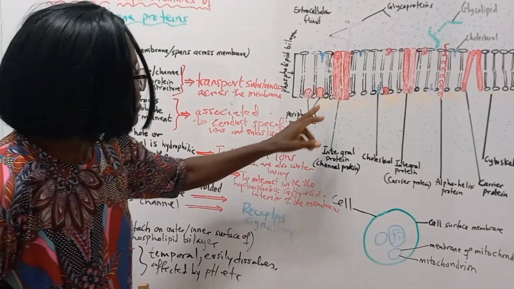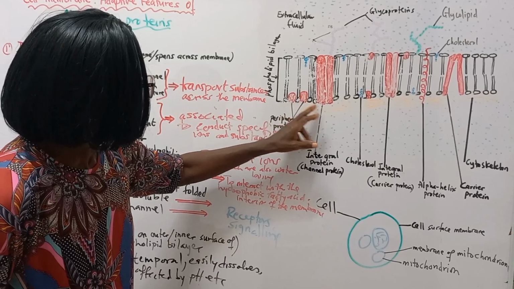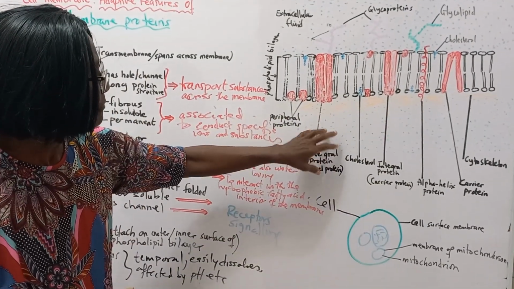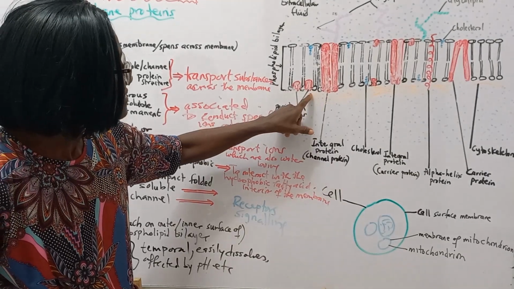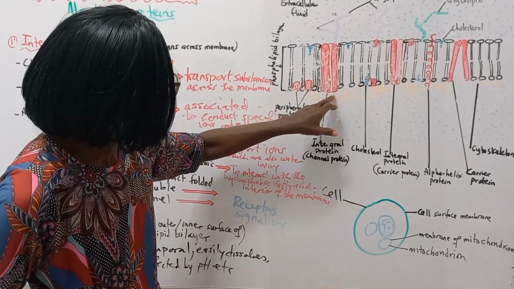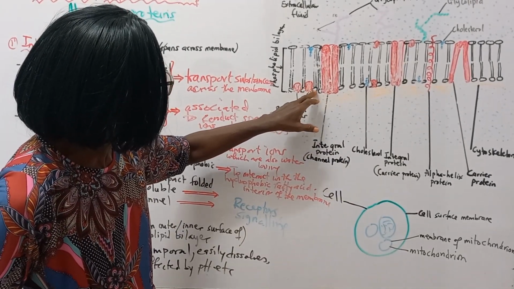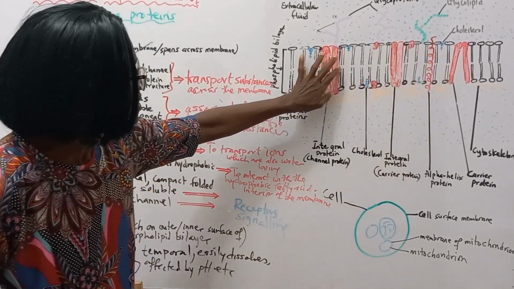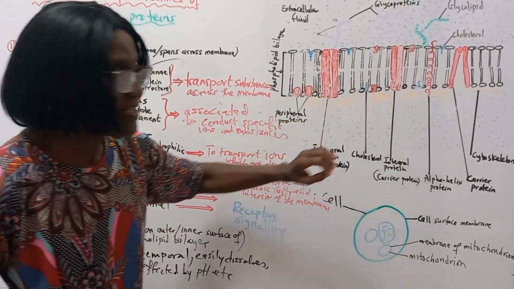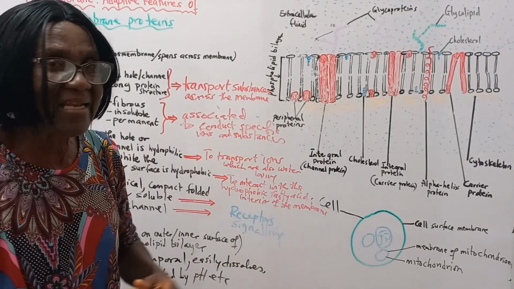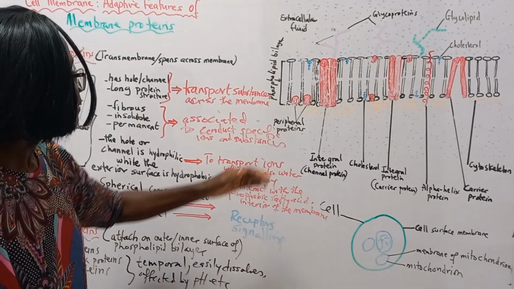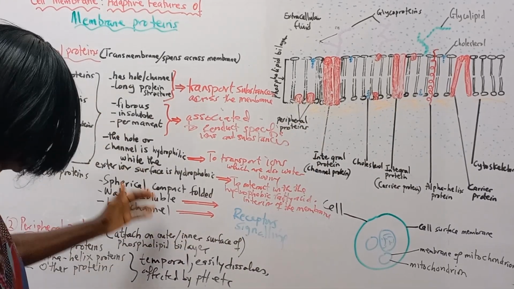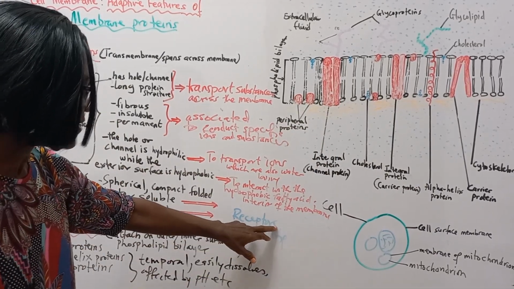Besides that, because they are peripheral, in the cytoplasm part of the cell, the cytoskeleton attaches onto them. These are cytoskeleton. They can attach onto some of the peripheral proteins and so make the membrane firm and make the cell firm. That's also an adaptation. Besides that, the peripheral proteins as well as the integral proteins also serve as receptors.